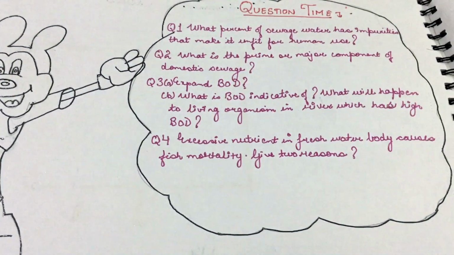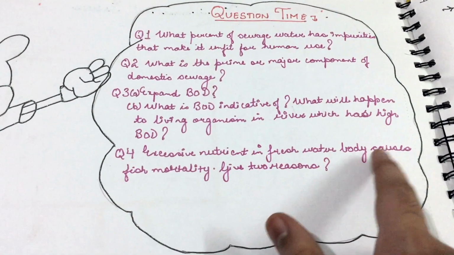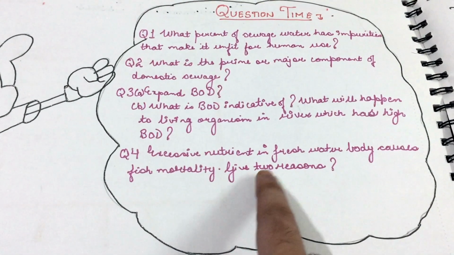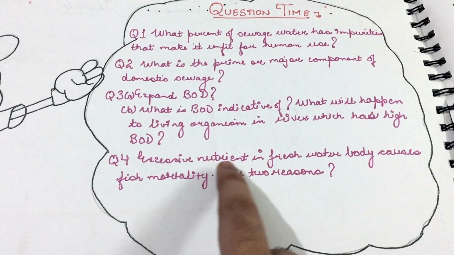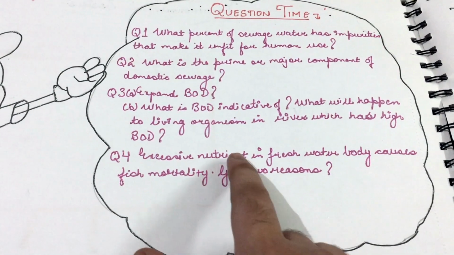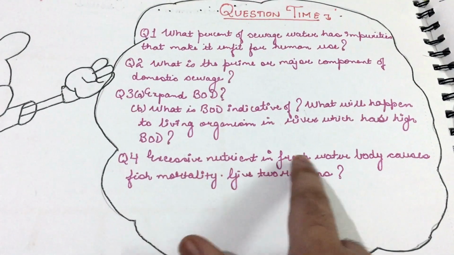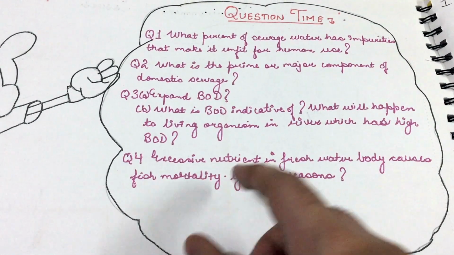Now the next question is excessive nutrient in freshwater body causes fish mortality. Give two reasons. So why does excessive nutrient in a freshwater body cause fish mortality? Because if there is presence of excessive nutrients in the water body, it will cause algal bloom.